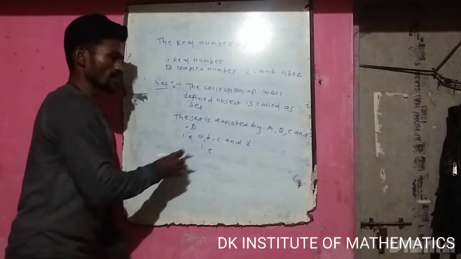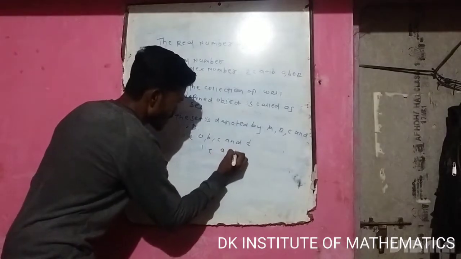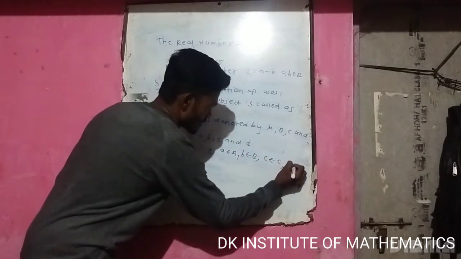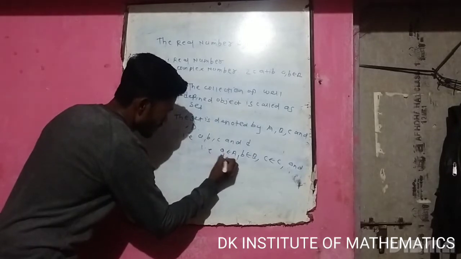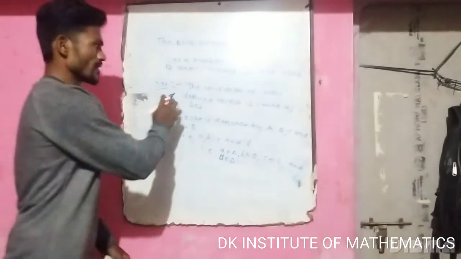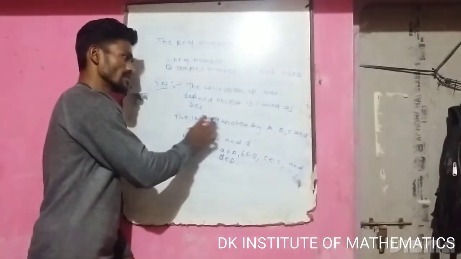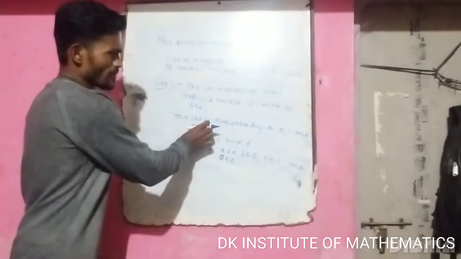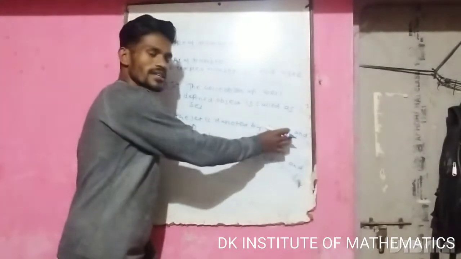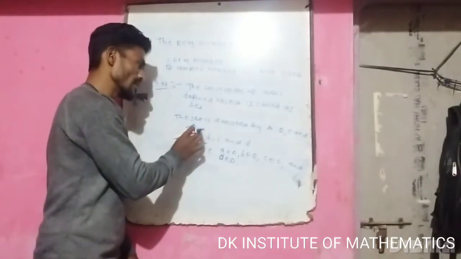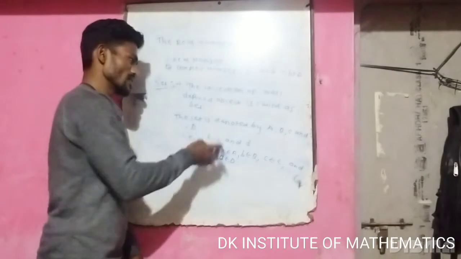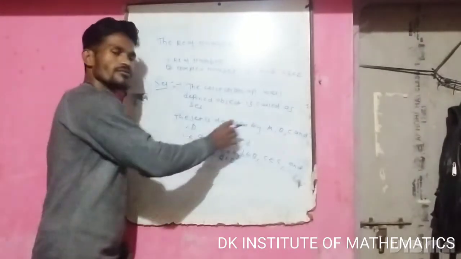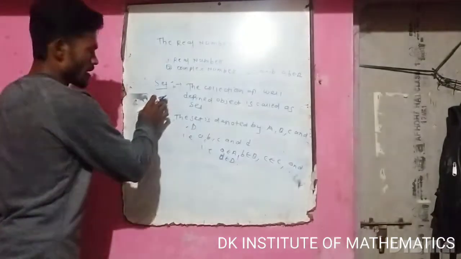That is, small a belongs to capital A, small b belongs to capital B, small c belongs to capital C, and small d belongs to capital D. A set can also be denoted by capital letters in alphabetical order, X, Y, Z, etc.